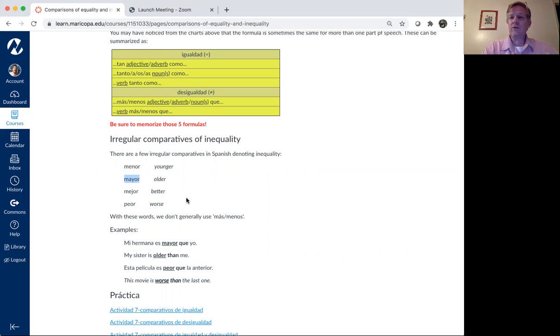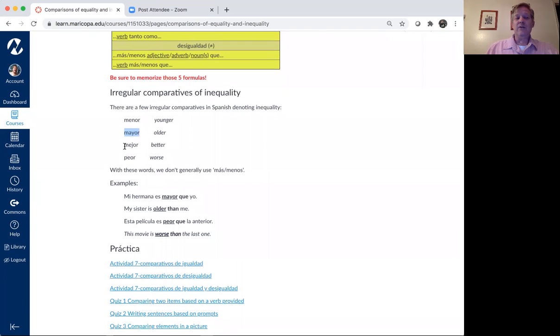We use mayor instead. Although people within the family may address each other, right? Spouses may call their spouse viejo or vieja out of endearment. But when referring to elders in the family or community, we usually use mayor culturally.